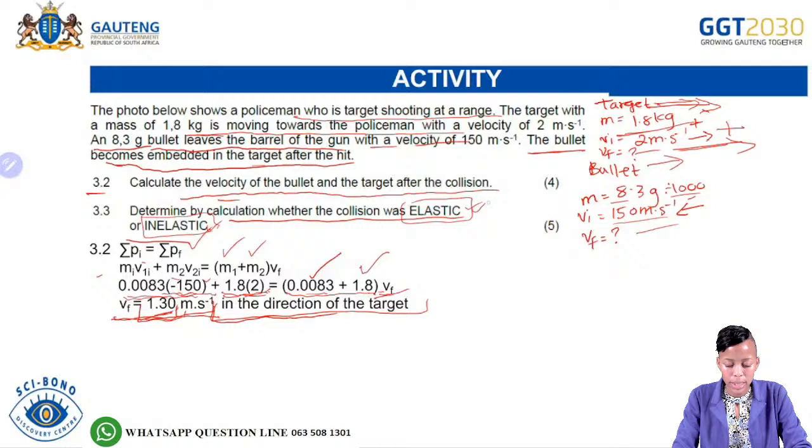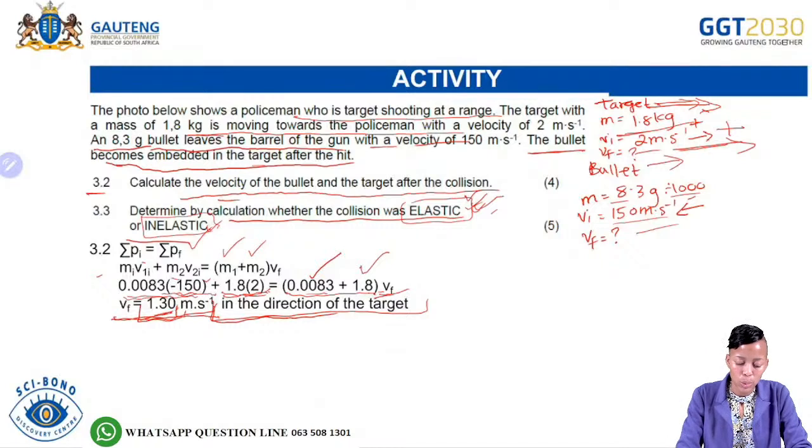But what are the differences? For an elastic collision, the sum of the kinetic energy before the collision is equal to the sum of the kinetic energy after the collision.